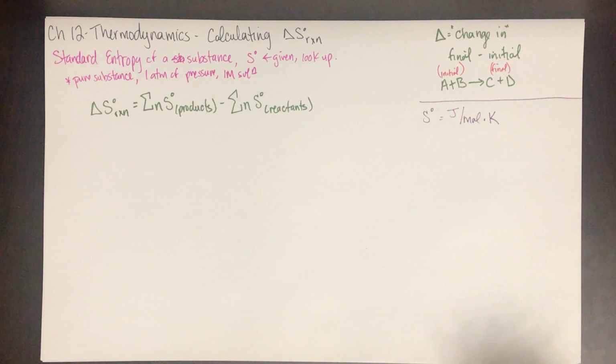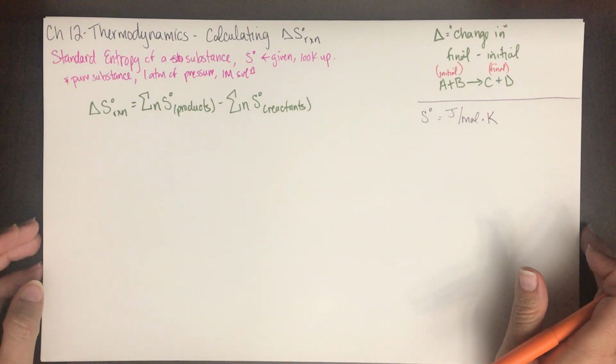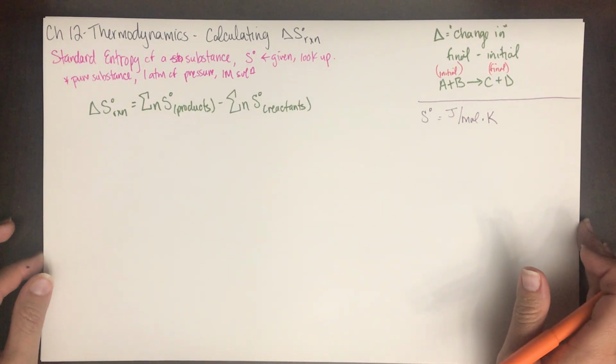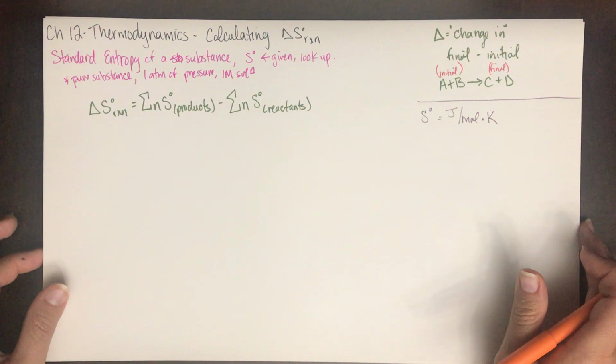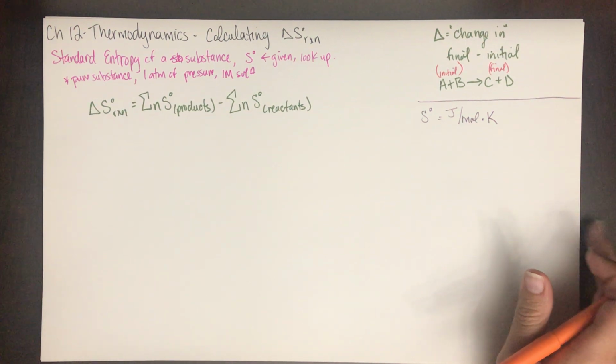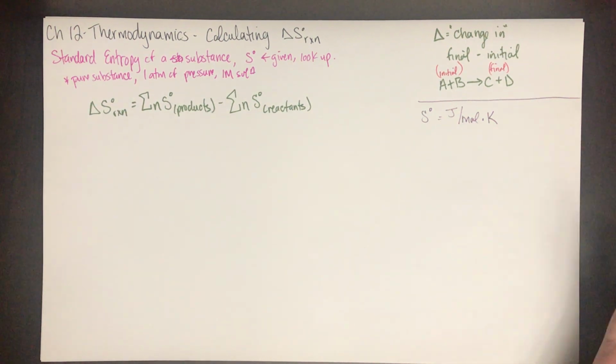Okay, so I'm going to write out an example of a question and we'll go through it together. So this question says, when wine is exposed to air in the presence of bacteria, the ethyl alcohol is oxidized to acetic acid, which gives you vinegar. This is what happens when you open a bottle of wine and it just sits around for a few weeks.